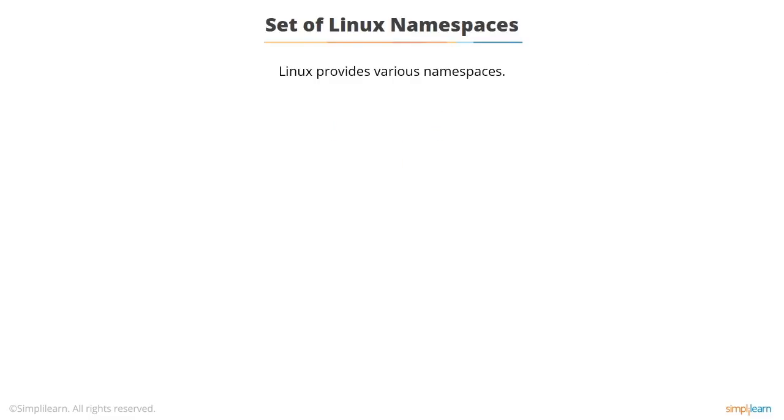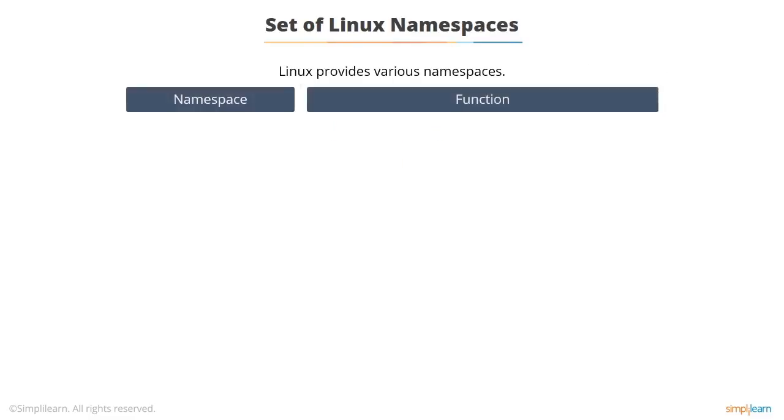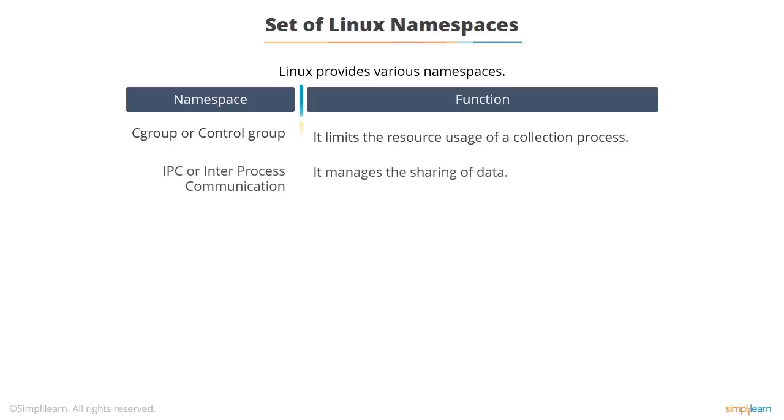Linux provides a number of namespaces. The C group, which we'll look at in more detail in a moment, is called a control group. We have inter-process communication, so that's things like sockets and shared memory, which enable processes to talk to each other. We've got network devices.